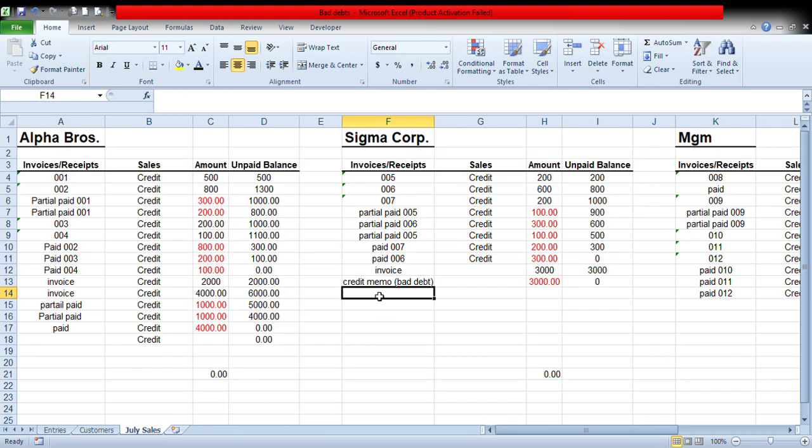So you have to raise it here first. You need to edit the credit memo in the software with the minus amount. For example, credit memo, so it will become 0.